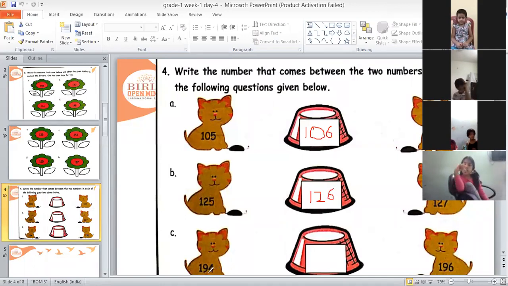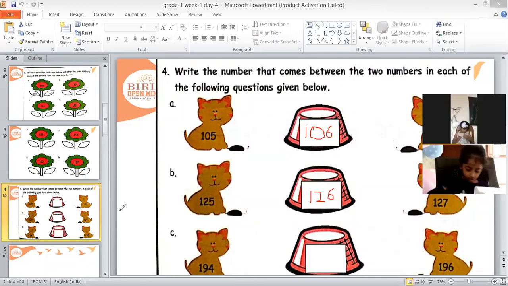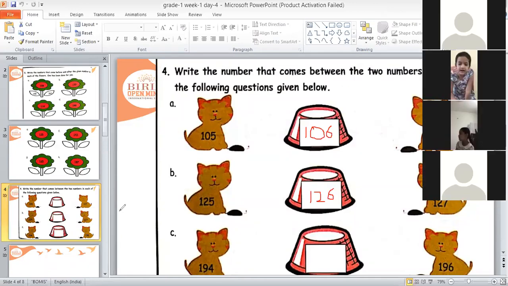What is that number inside that cat? 194, Manha. Now tell me, Manha, what comes just after 194? 195.